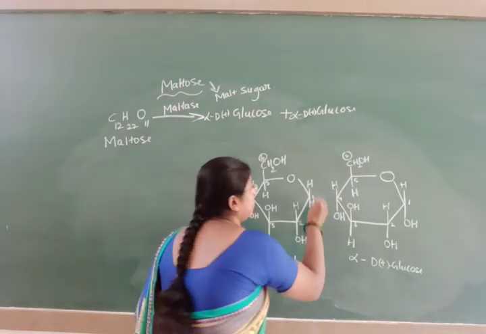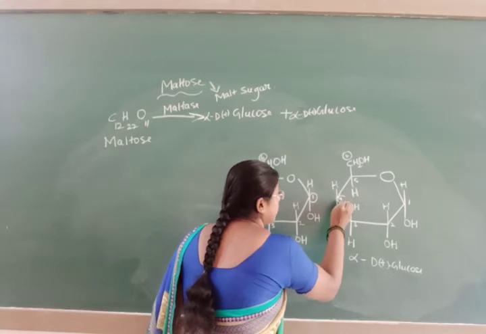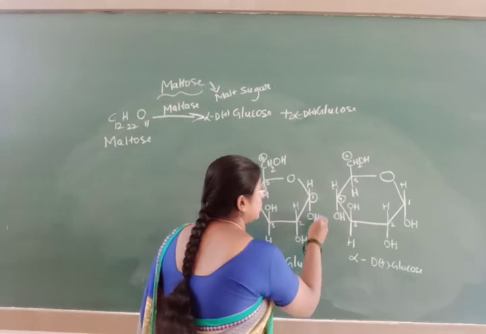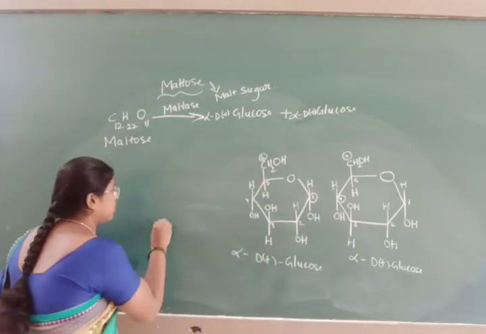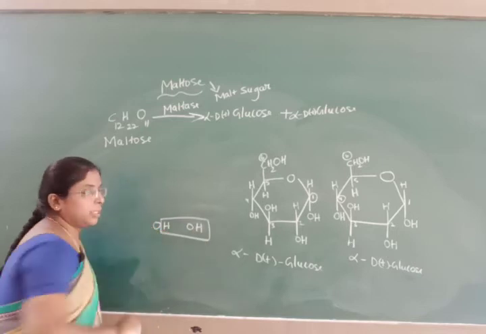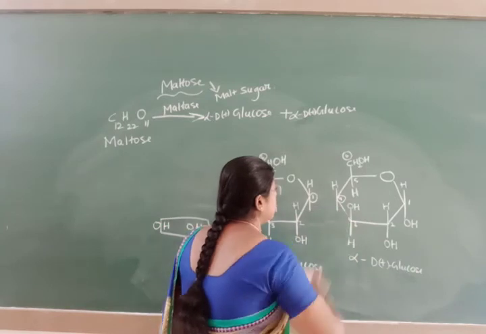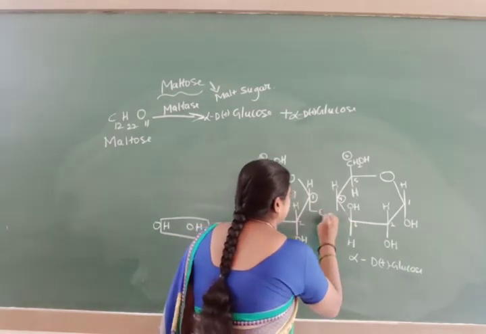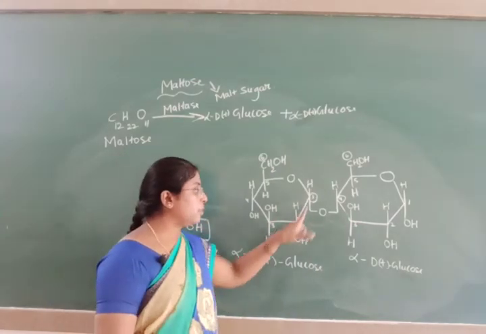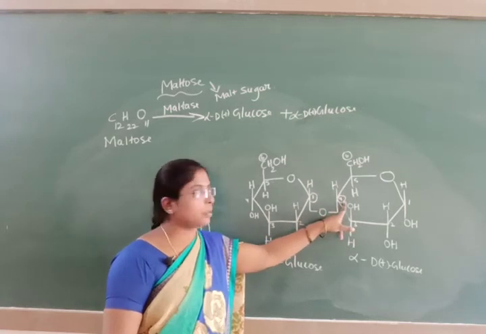C1 of one glucose unit forms a linkage with C4 of another glucose unit. Among these two hydroxyl groups, a water molecule is removed, and the remaining one oxygen forms the C1-C4 alpha glycosidic linkage.